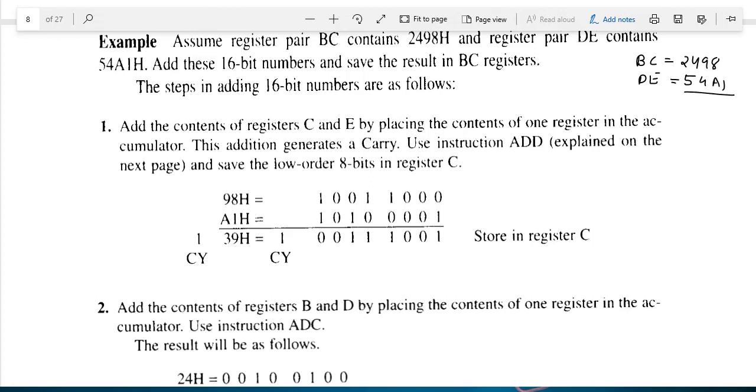If you want to add this data with your processor, first of all, the lower byte will be added. So the data in C and the data in E will be added.